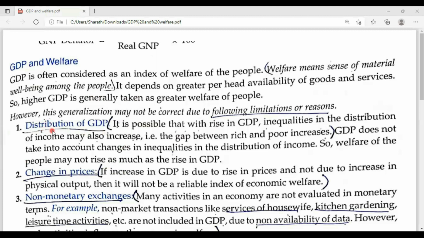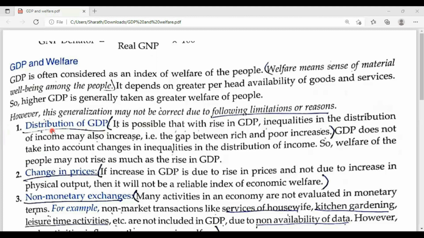The very first limitation is the distribution of GDP. You all know that GDP is the money value or market value of the goods and services produced within the domestic territory of a country. These goods and services are produced by firms with the help of factors of production.